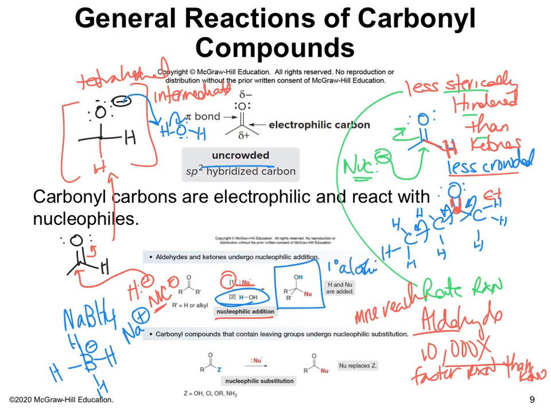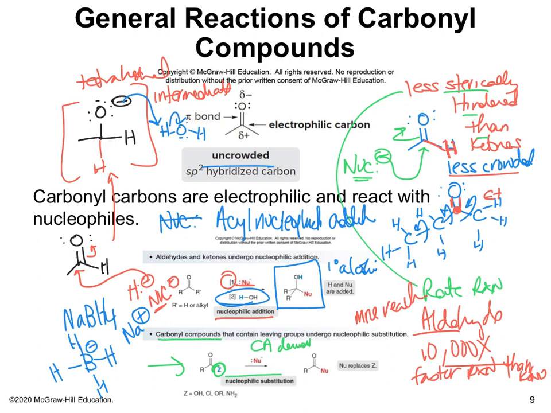This mechanism is called nucleophilic addition. And you can say not just nucleophilic, it's acyl nucleophilic addition. Now, we're not going to talk about this until the next chapter, but when you have a carboxylic acid and their derivatives, it ends up being a leaving group.